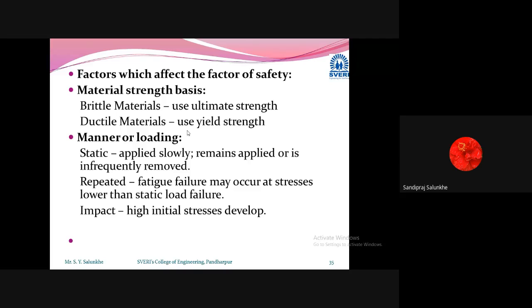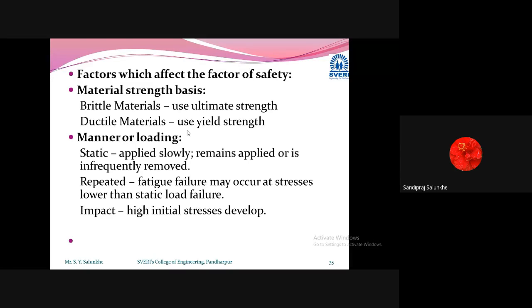So, in case of brittle materials, already we have recommended that ultimate strength has to be used while we are selecting factor of safety. And when we are using ductile materials, at that time yield strength is used, not necessarily the ultimate, because ultimate strength in case of ductile material is more than the yield strength.